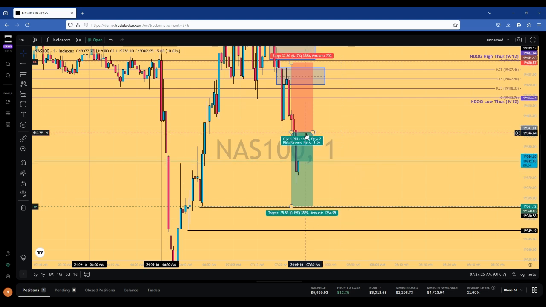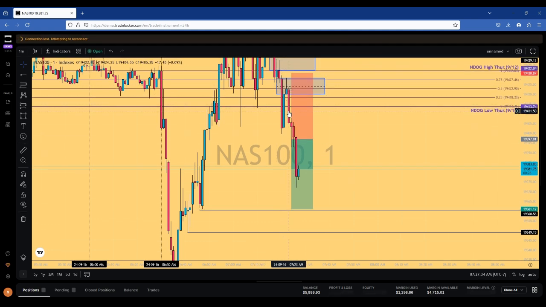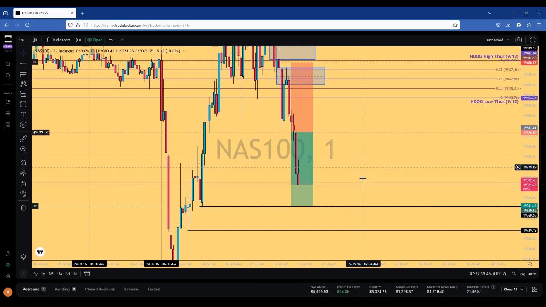What I could do is move my stop loss up to break even. But there's a fair value gap right here, which could potentially hit before coming back down. So I'm not going to do that. That last little bit towards your take profit, that's when you start to feel that anxiety. At least me personally, it's like, damn, it's right there.